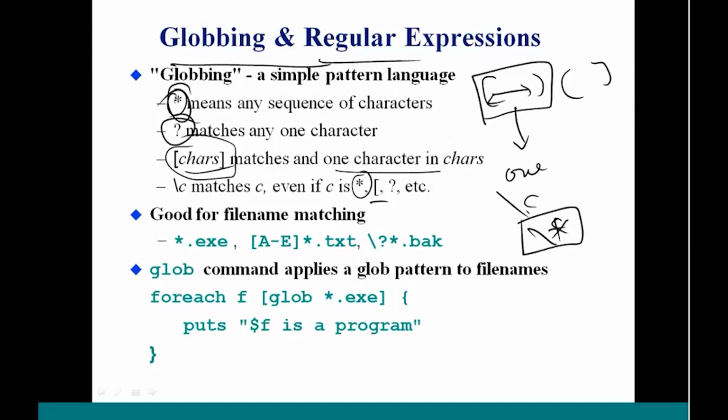Before that, here are some examples. Star.exe is specifically this glob style. Then we can also have A through E star: the first character matches A, B, C, D, or E, after that it can have any number of characters, with the extension .txt.